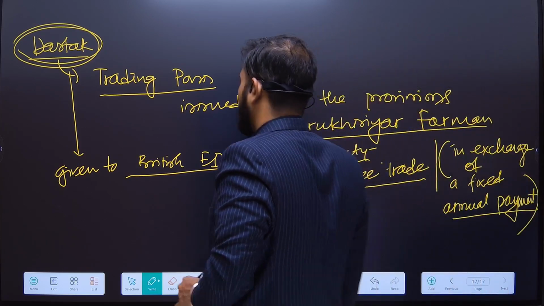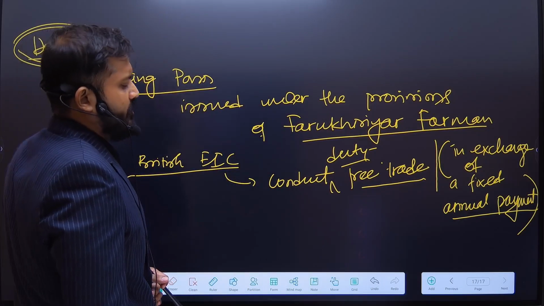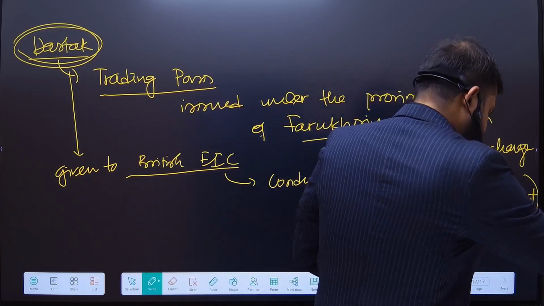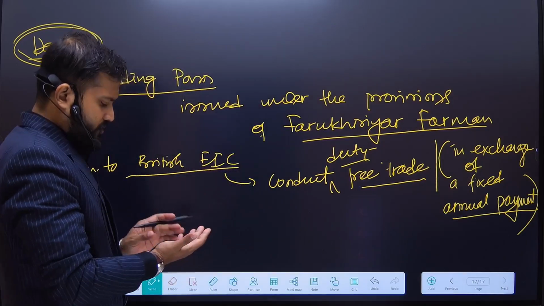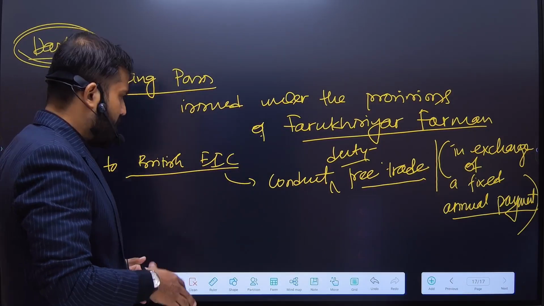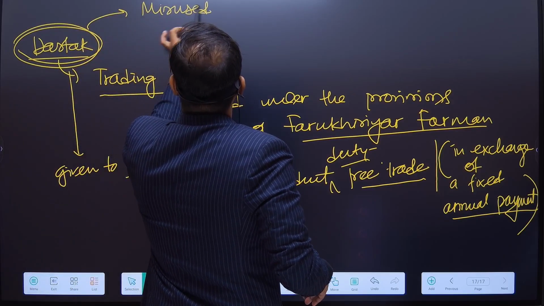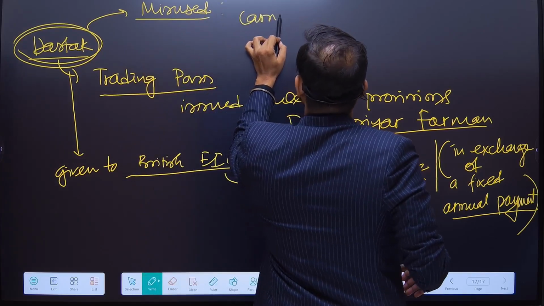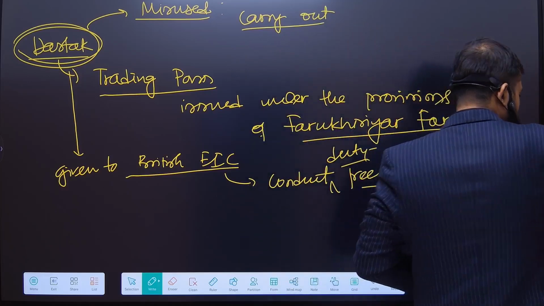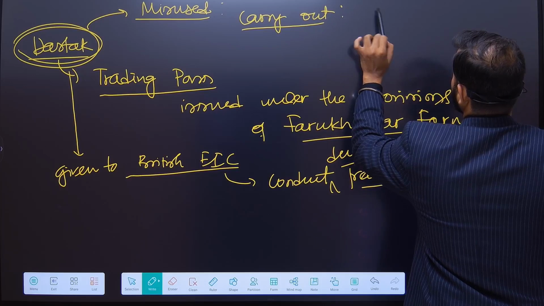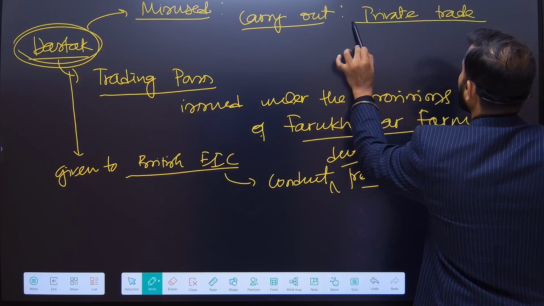Next point, however, the company officials misused the Dastak to carry out their private trade.